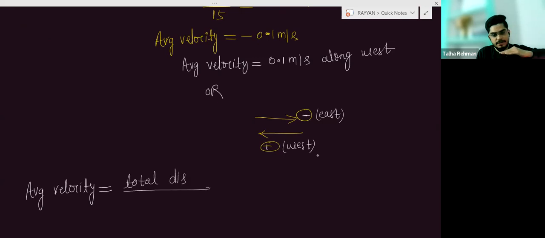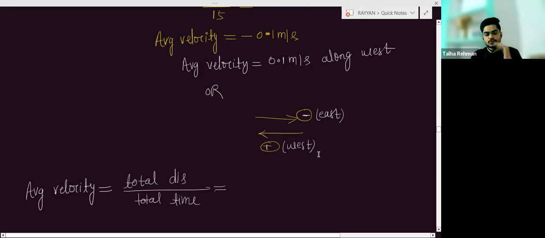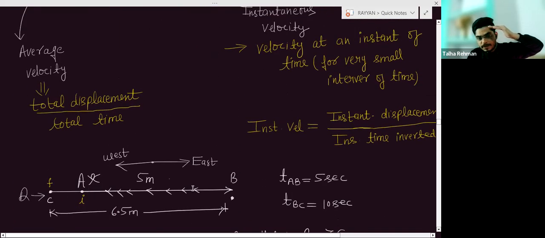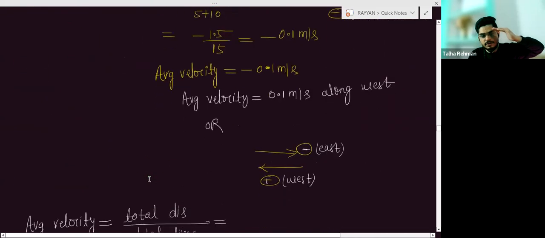What I told you about how to calculate the displacement, see on your screen. From A to B, the person is going along east, and this time you have taken east as negative, so it will be -5.